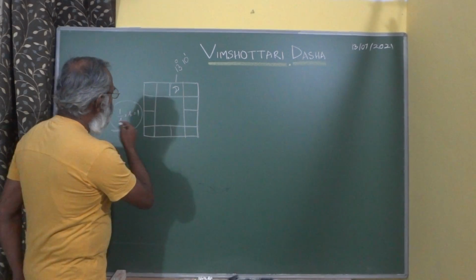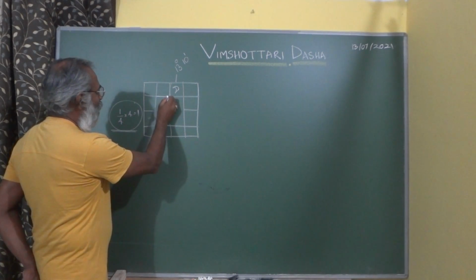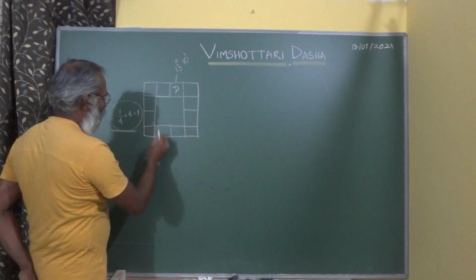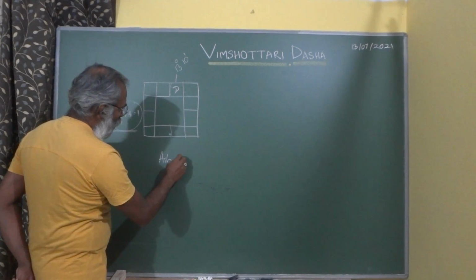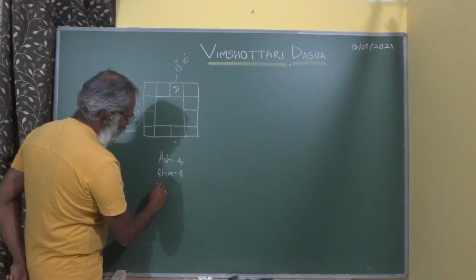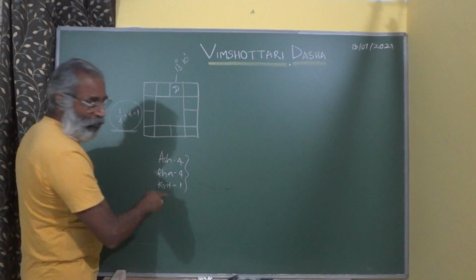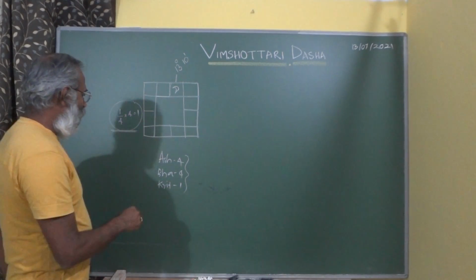So, we know that in Mesha it is Ashwini, Bharani, Kritika 1. I have done this class in detail in my earlier video.